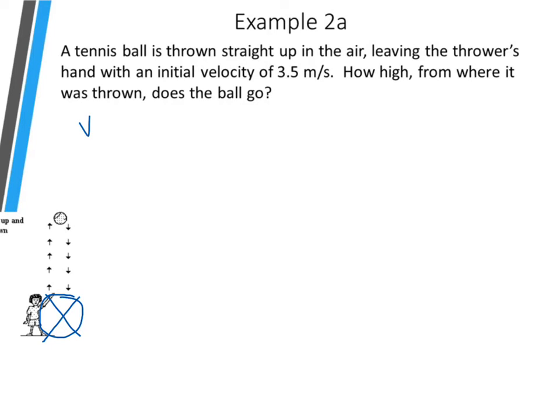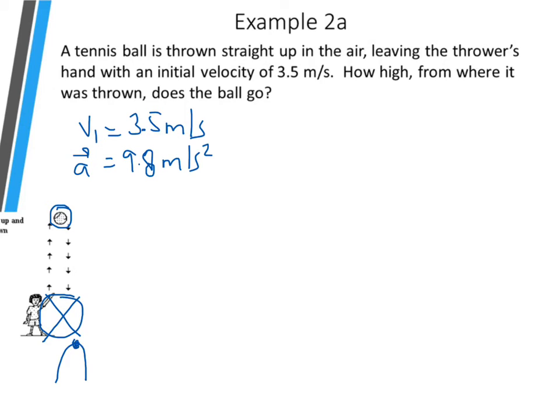It says that it's traveling with an initial velocity of 3.5 meters per second. And as it's coming back down, its acceleration is going to be 9.8 meters per second squared. Now, the other thing that we're going to have to start thinking about is that when the ball gets to the very top, so think parabola shape from math class, for a split second, it actually stops before it changes direction.